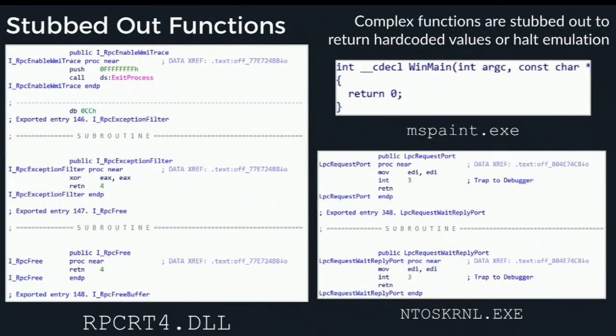Lots of functions that are too complex to be implemented with full emulations are simply stubbed out. So RpcEnableWmiTrace is just going to do an ExitProcess of -1. RpcExceptionFilter just returns 0, and so forth. Lots of functions that malware may call but may not expect to always succeed are just shimmed out with very simple implementations that return 0 or -1 or whatever hard-coded value.